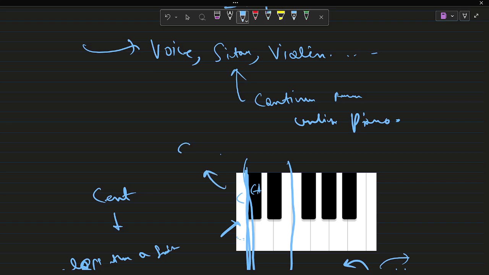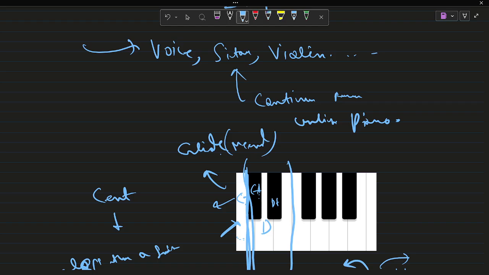Here there is no concept of glide, or what we know in Indian classical as meend. So no concept of meend in the piano. We just get a staccato pattern in the piano. So after C we get C sharp. After C sharp we get D. After D we get D sharp.